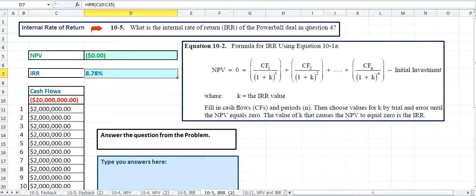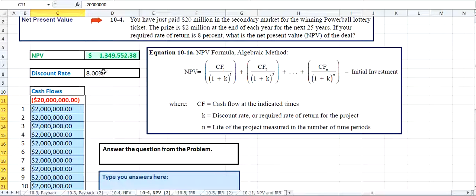Now, if we go back to our problem 4 and play around with this, what this should tell us is that with any discount rate below 8.78%, we should have a positive net present value. And we can show that.